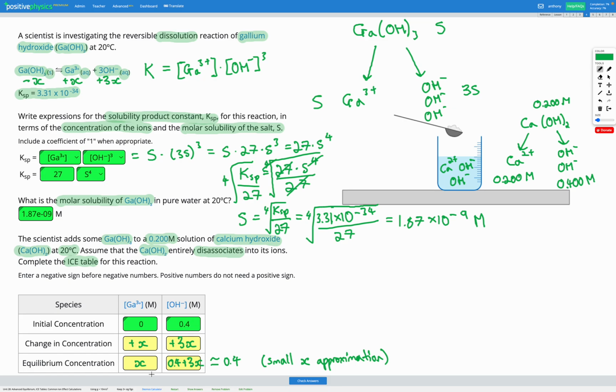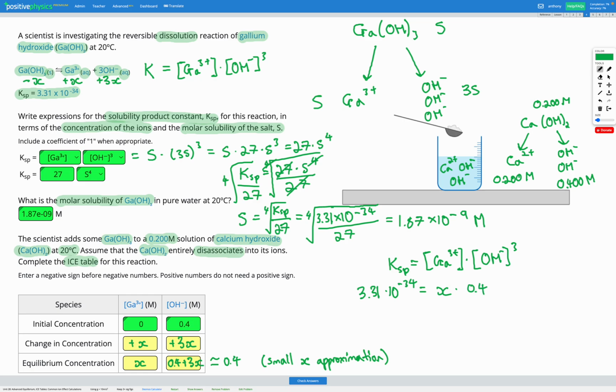Okay, so our next step is going to be using our equilibrium concentrations in our Ksp equation. So we've got Ksp is equal to gallium 3+ concentration multiplied by the concentration of OH minus to the power of 3. So we can put in our values for Ksp. We know Ksp is 3.31 times 10 to the negative 34. We can put in our gallium 3+ concentration, it's going to be x, and our OH minus concentration is going to be 0.4.